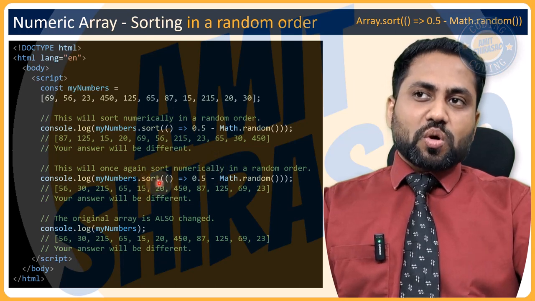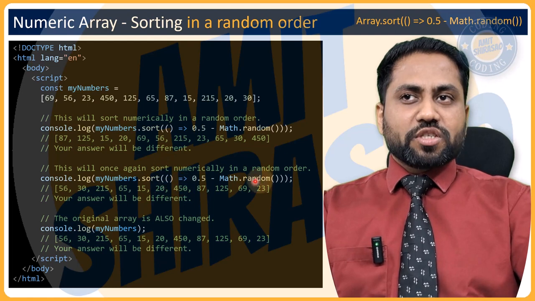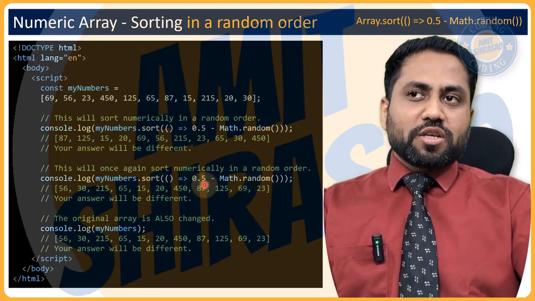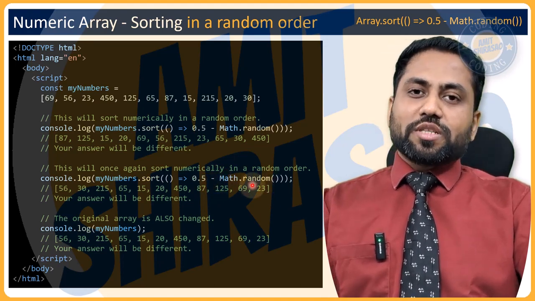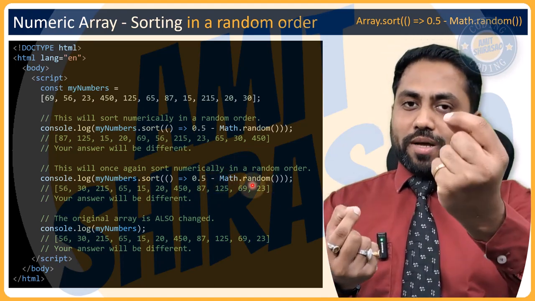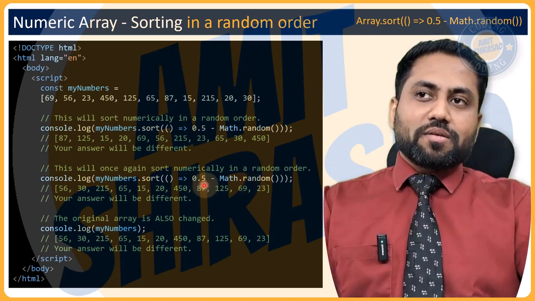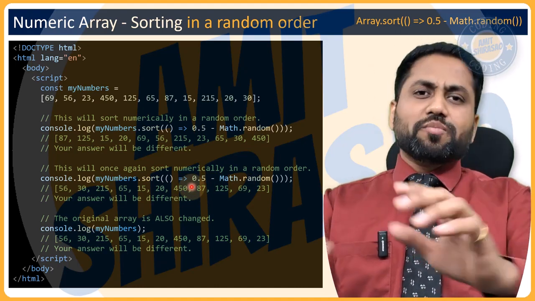Once again, if you say sort, and here this compare function doesn't take anything, but it returns 0.5 minus Math.random. Math.random is going to generate any number between 0 and 1. Okay, so it can be lesser than 0.5, or it can be greater than 0.5, or it can even be equal to 0.5.